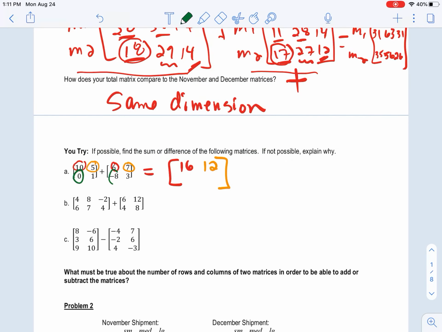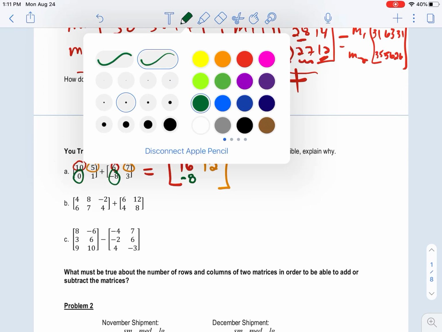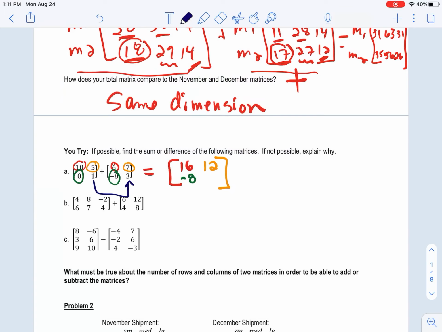Third spot. Okay, we get -8. And then last one, we get 4. So that's it. That's your answer. You don't have to make it as colorful and pretty as mine. Just add them together.